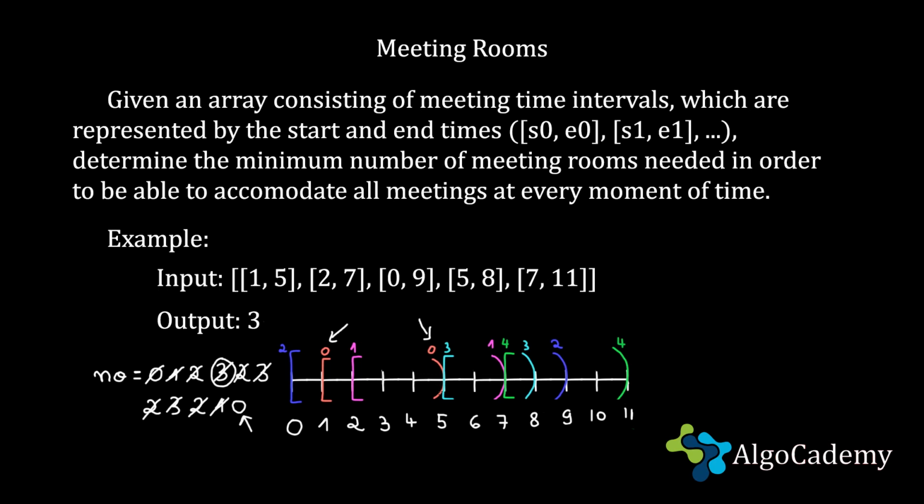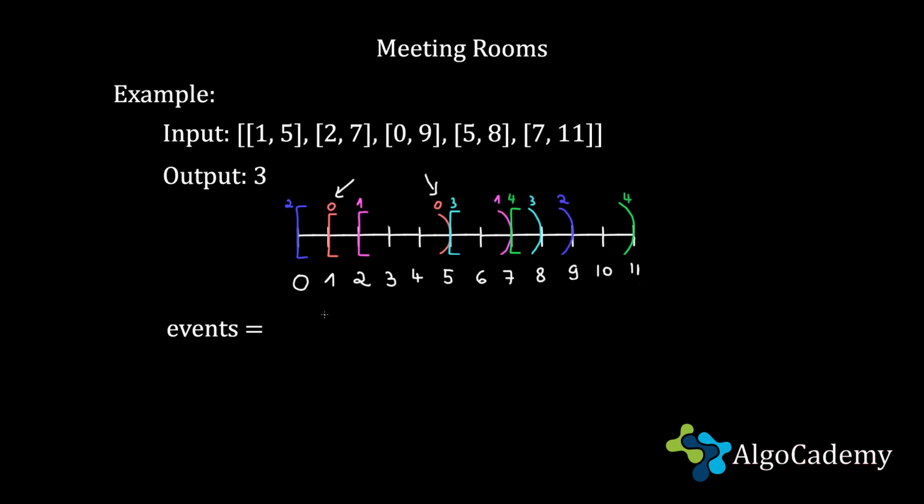Alright, so let me erase this and show you how these events will look for the example input. We are going to look at each time interval, and for each time interval, we are going to push exactly two events, the start and the end, in the events array.